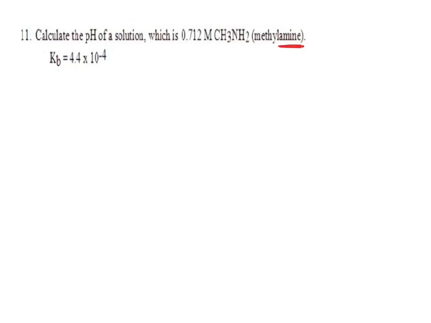All right. So first of all, what do we need to do? Rice table. So what needs to go in our rice table? Plus H2O. Add it to water. Water goes away. We know this is going to be a base. So CH3NH2 accepts, so CH3NH3 plus an OH minus.